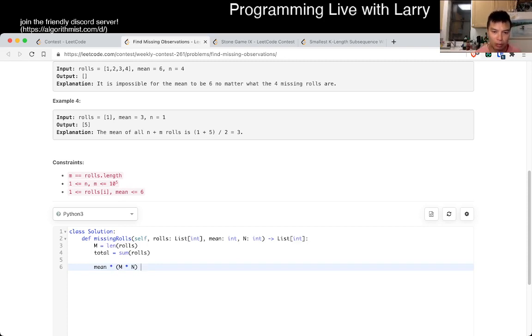So this is the total of everything, and then minus the total of these, and then this is left over for n, right?